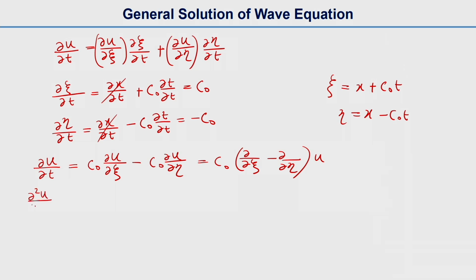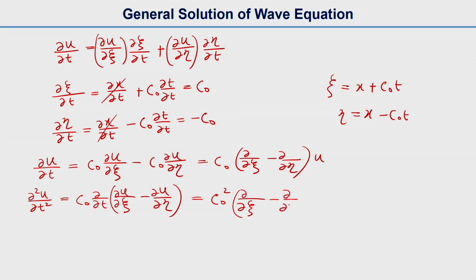So the second partial of u with respect to t will be equal to c naught square times the partial of u with respect to the first variable, plus the partial of u with respect to the second variable.